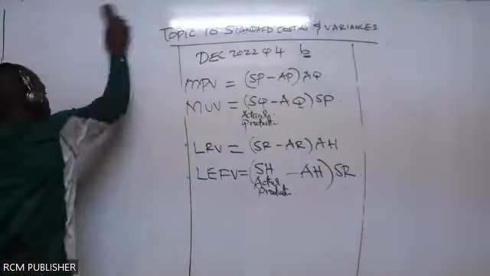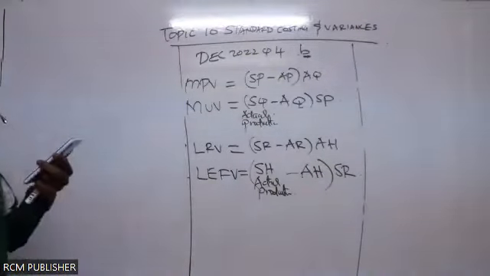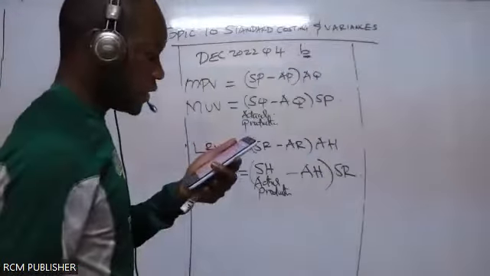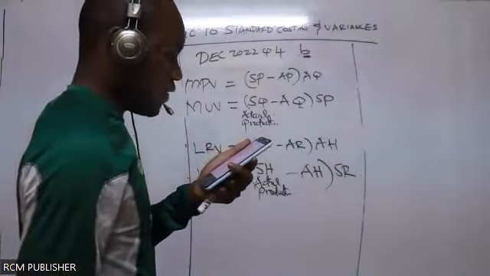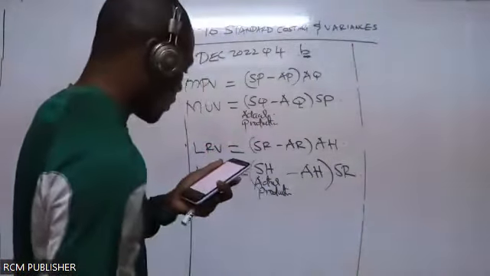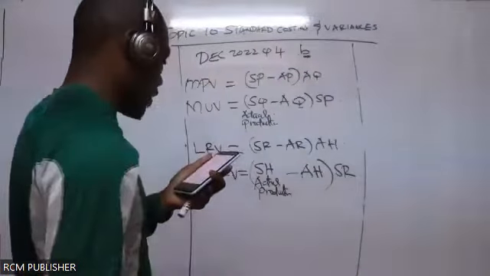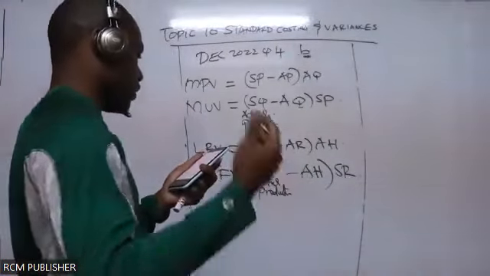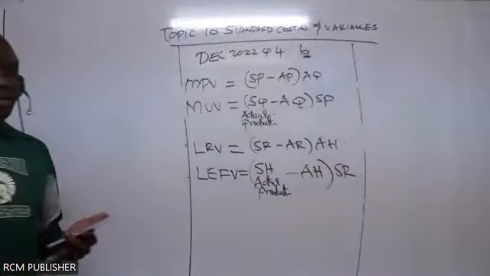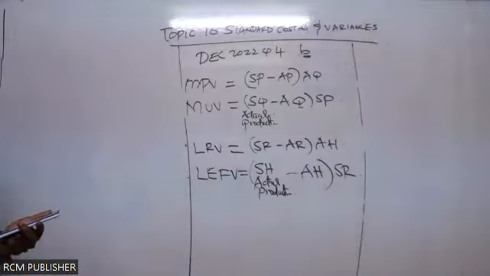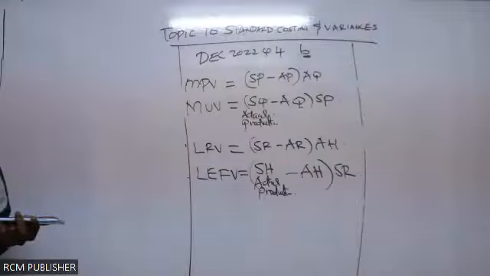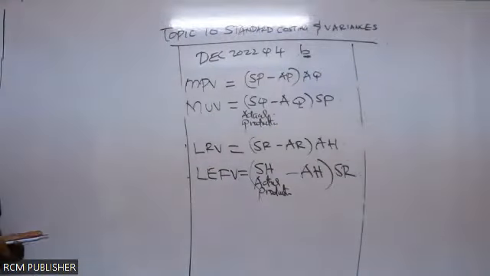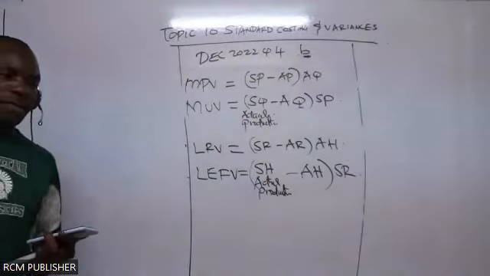That is overhead, the overhead variances. So we have fixed overhead capacity variance and fixed overhead efficiency variance. That is what we need to add to these particular formulas that we covered yesterday.